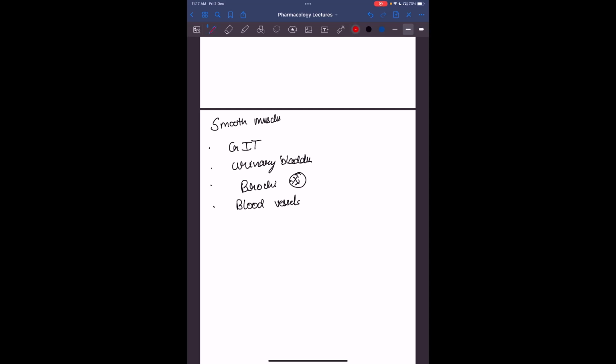So in blood vessels, we'll see first, which receptor do we have? We have the M3 receptor, the smooth muscle receptor. So what happens whenever acetylcholine acts on these receptors? It leads to the release of nitric oxide, otherwise known as endothelial-derived relaxing factor.